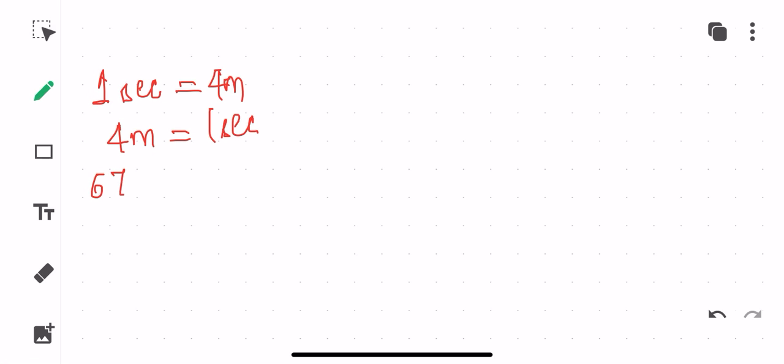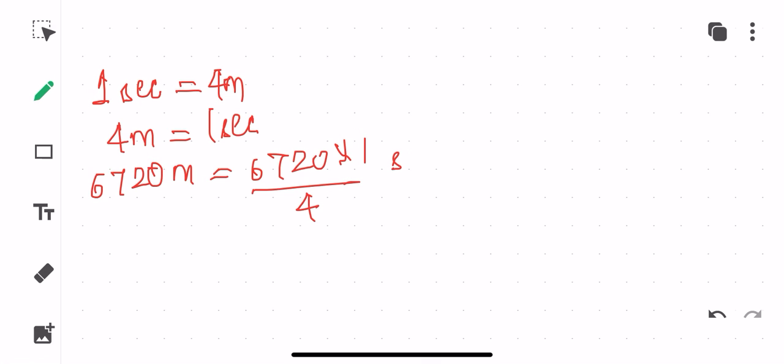So 6720 meters will be equal to how much? 6720 into 1 divided by 4 seconds. If you divide by 4, this is going to be 1680 seconds.